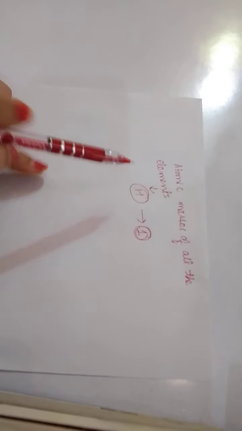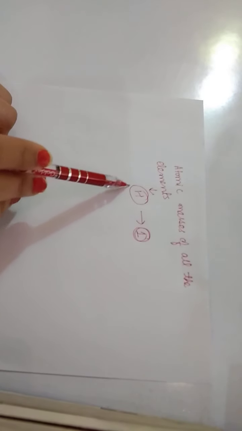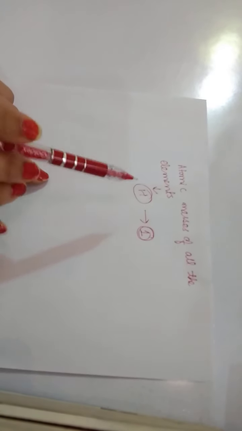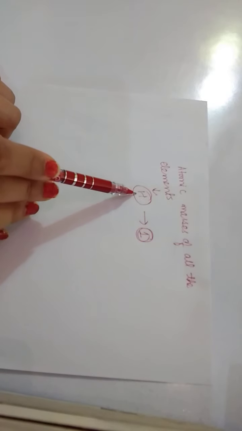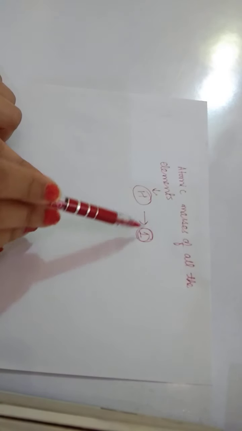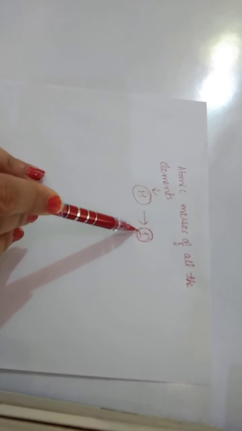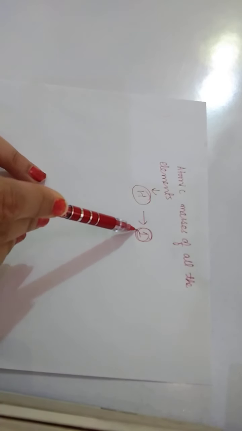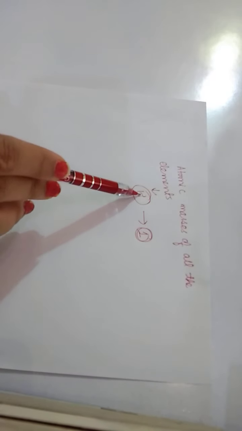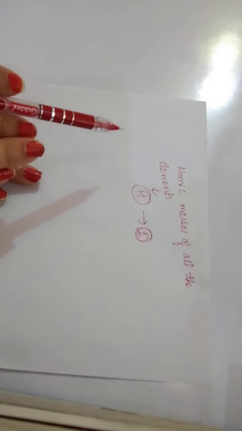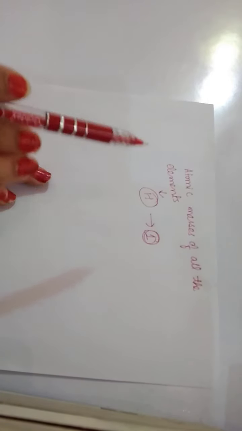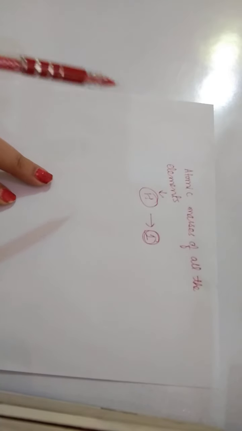Like here, earlier we compared the atomic mass of all elements with hydrogen, taking the atomic mass of hydrogen as 1, and with this we were finding out the atomic mass value of all the other elements.